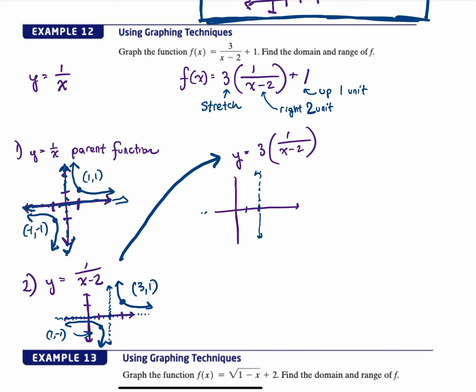Still have the asymptote on the x-axis. And then instead of the point 3 comma 1, I should have the point 3 comma 3. Imagine multiplying that y coordinate by 3. So 1, 2, 3, comma 3, some points up here.